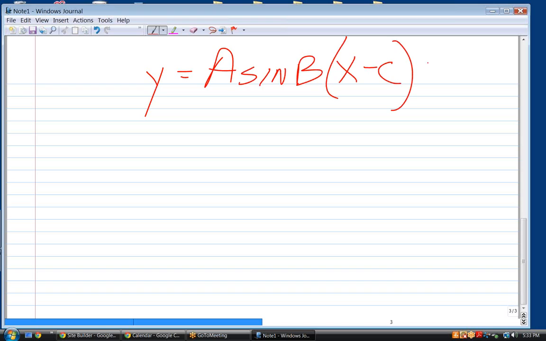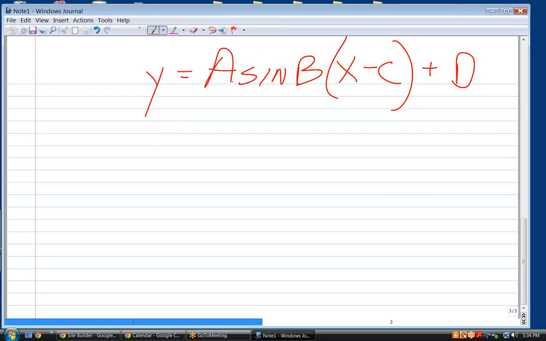Tell me if your general format is different than this or uses different letters. We didn't do anything like that today. You haven't gotten quite this far yet? Okay. Well, he gave us examples, I don't know, negative 10 cosine of pi x over 6, and we just graphed it from that.